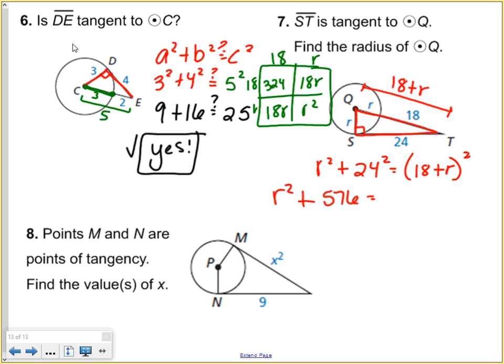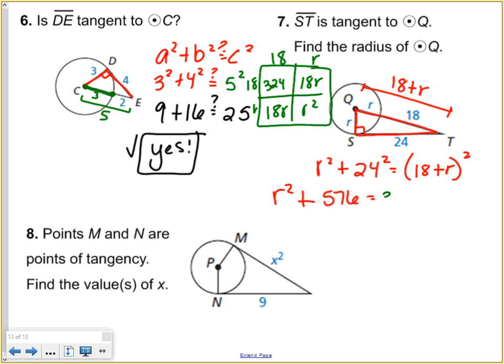And that's just a super quick box method. That's what I did up there. So (18 plus r) squared. And I have a lot of people always distribute squares. You cannot distribute squares. It doesn't work that way, unfortunately.